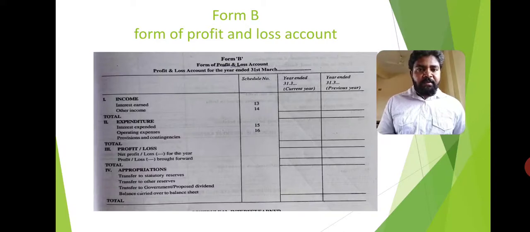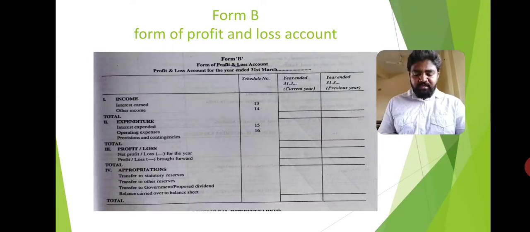Next come the operating expenses. Here, operating expenses are like payments and provisions for employees, rent, taxes, lighting, printing and stationery, advertisement and publicity, depreciation on bank property, directors' fees and allowances, law charges, postage, telegrams and telephone, and so on.